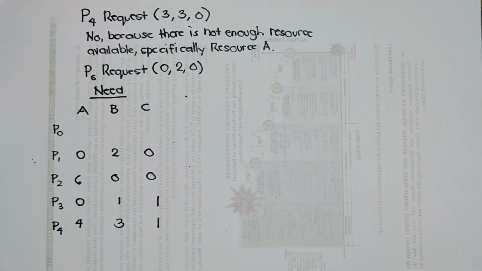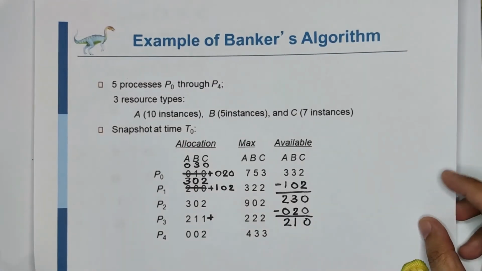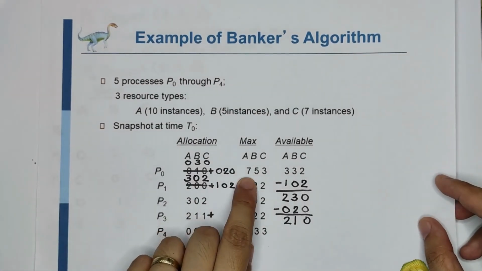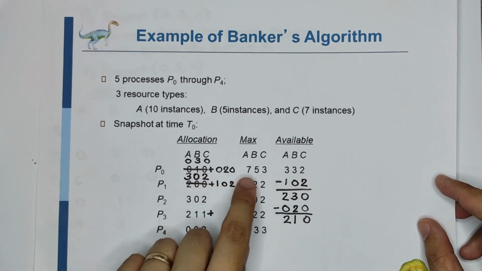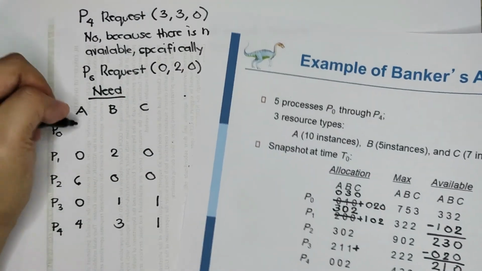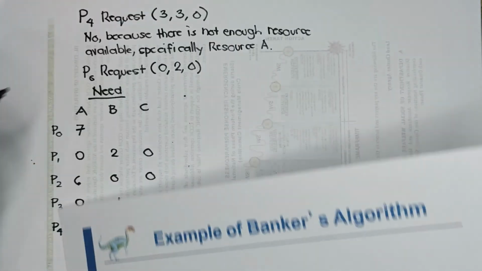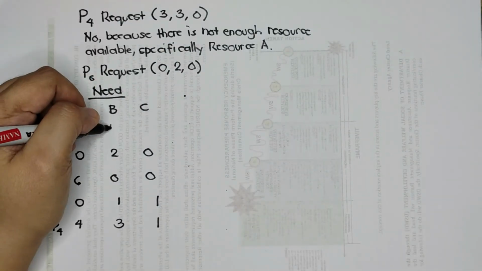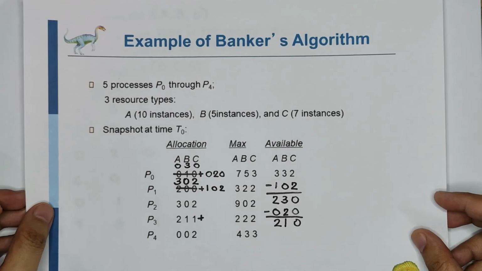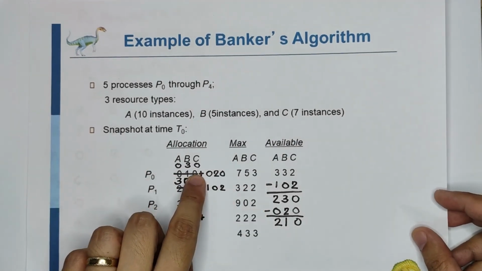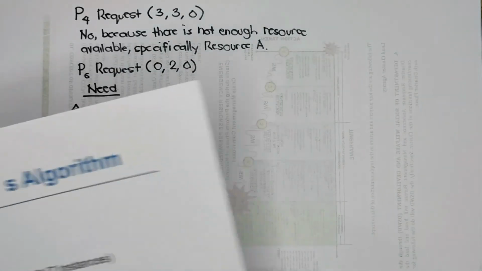So what is the value of need? For P sub 0: 7 minus 0 is 7, then 5 minus 3 is equal to 2, and then 3 minus 0 is equal to 3.